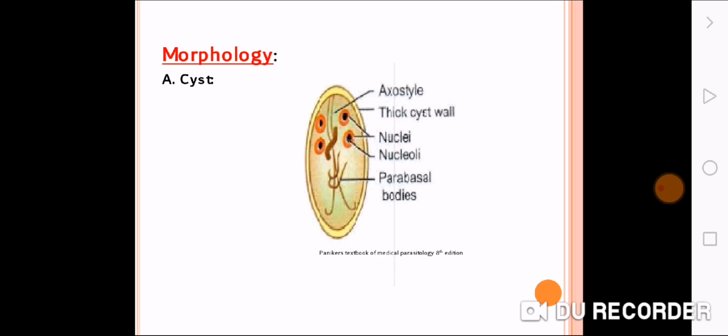It's surrounded by a double, smooth wall, and this cyst has a nucleus that starts dividing, and when the cyst becomes mature, it has 4 nuclei.